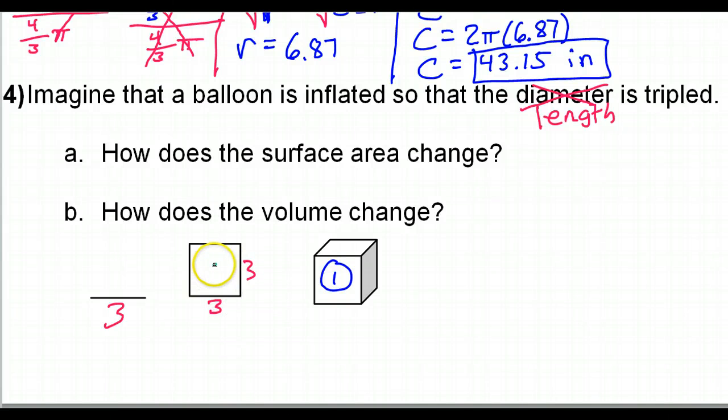This is 3 times 3. My new area is 9. So I have my new length, my new area. My new volume: because the lengths were tripled, this is now 3 by 3 by 3. So my new volume, 3 times 3 times 3, is 27.